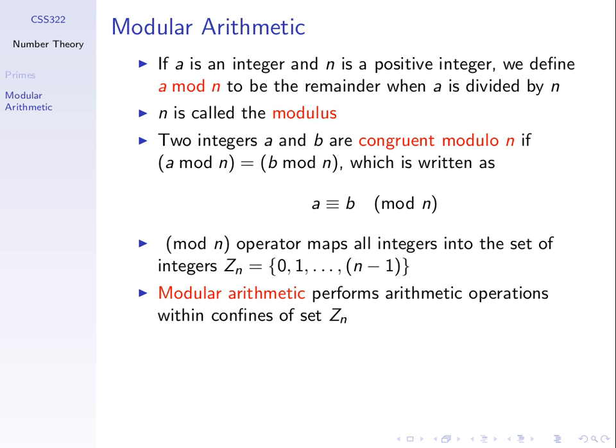So there's a fixed size of the output. It maps all possible integers into a fixed size set of integers, denoted as Z8. Modular arithmetic performs arithmetic operations, addition, subtraction, multiplication, division, within the confines of that set, Zn. So arithmetic in mod 8 performs operations within the set from 0 to 7.